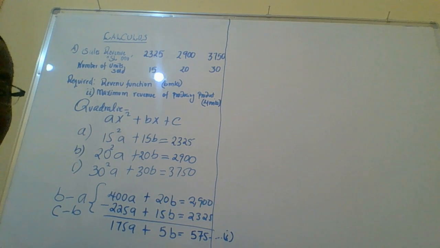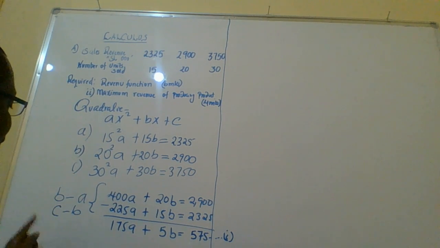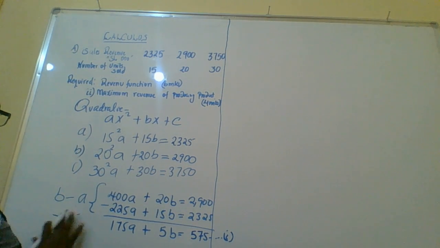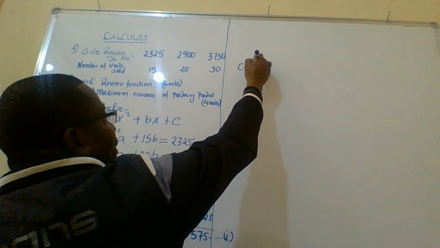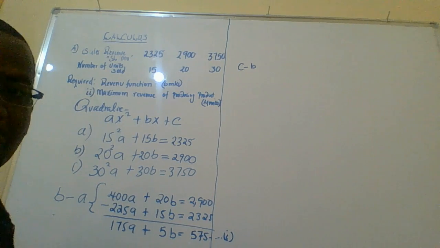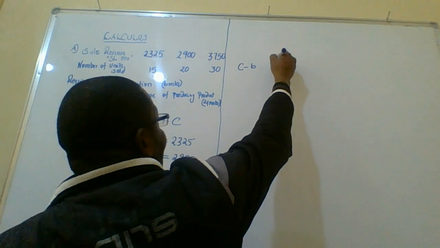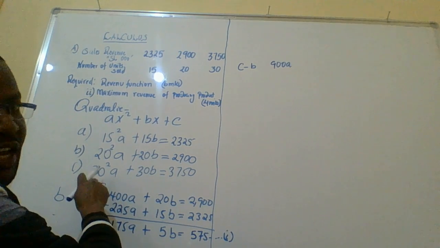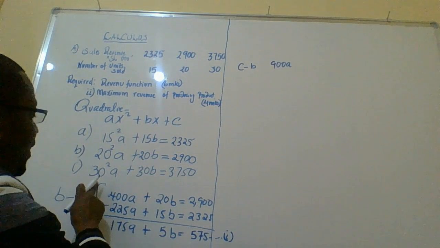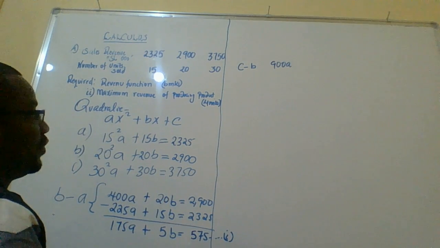Therefore, let me proceed to C minus B. I've done B minus A. Coming here, C minus B: when you square 30 it is 900, so 900A plus 30B is equal to 3750.